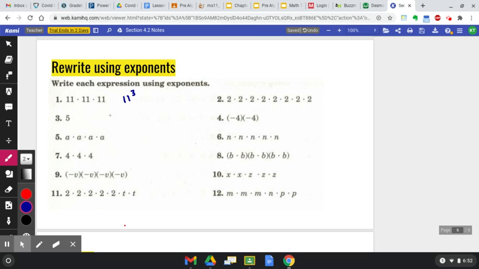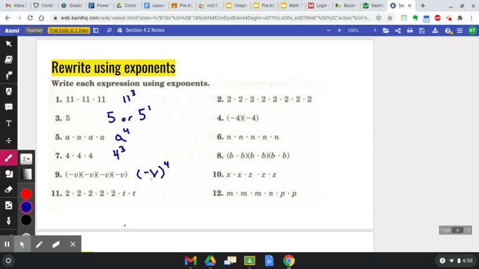I could write that as 5 to the 1st power. Here I have a base of a, and there's 4 of them, so a to the 4th. Here, 4 is my base, multiplied together 3 times. Negative v, there's 1, 2, 3, 4.